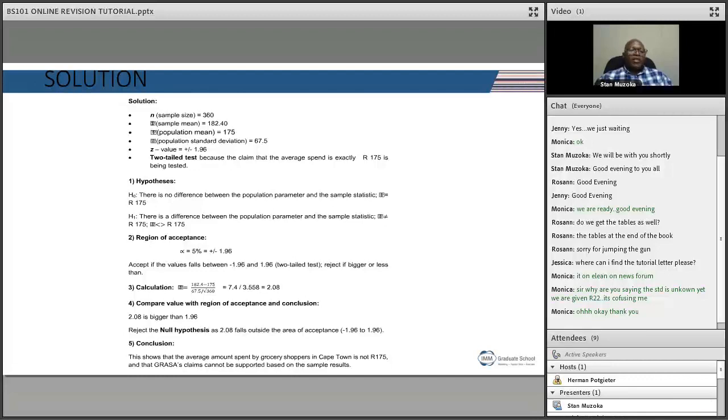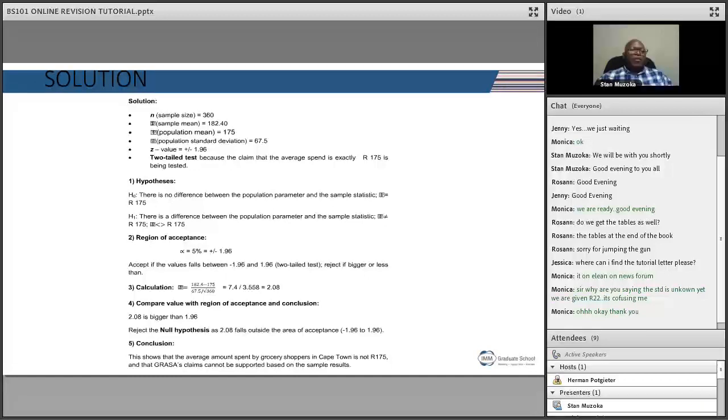And that simplifies how you determine the area of acceptance and rejection. This is a two-tailed test because of either less than or more than.